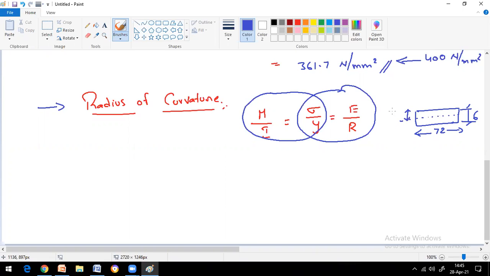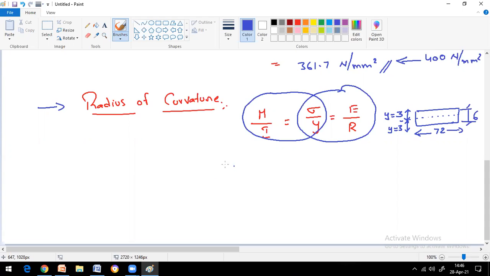That is Y. Please try to remember. This is Y, 3 mm. That outmost layer can be top or bottom, because it is a simply supported beam, the bending stress will be the same on both layers.